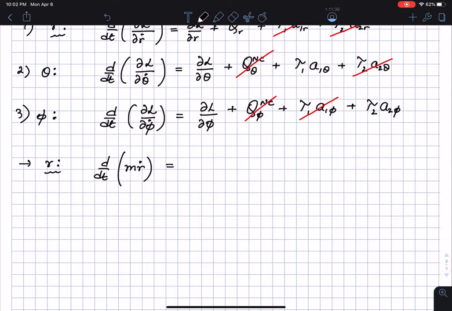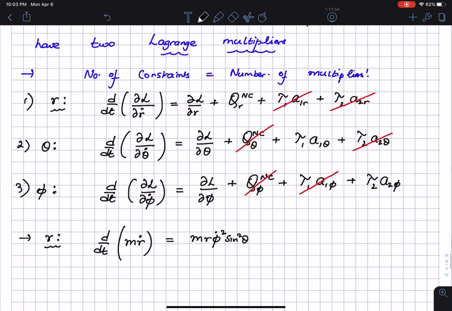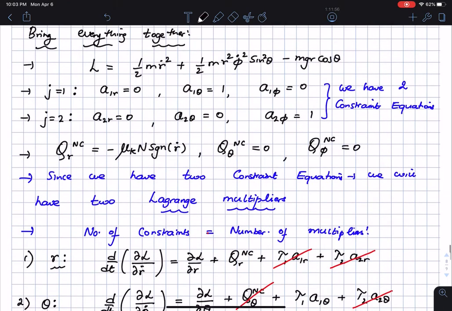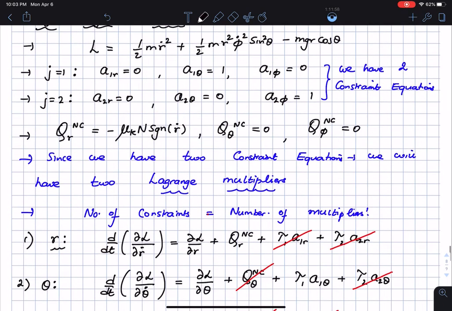So this is going to be m r phi dot square sine square theta. That's one thing that will come out of that. And then I'm going to have minus m g r cos theta.